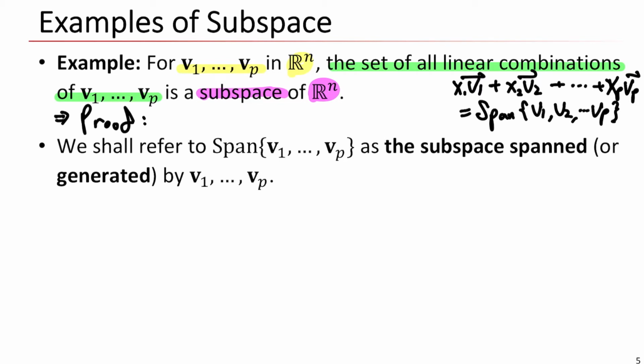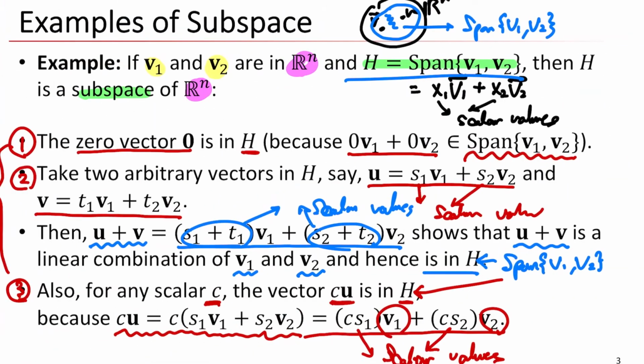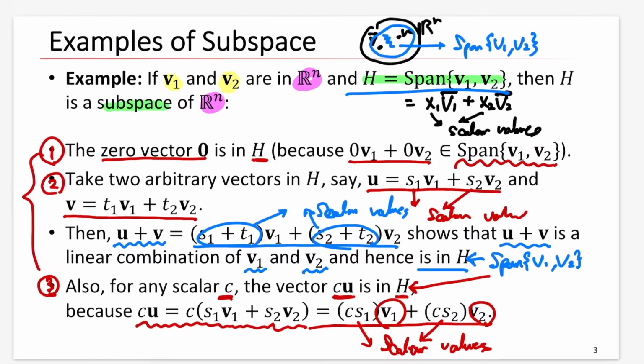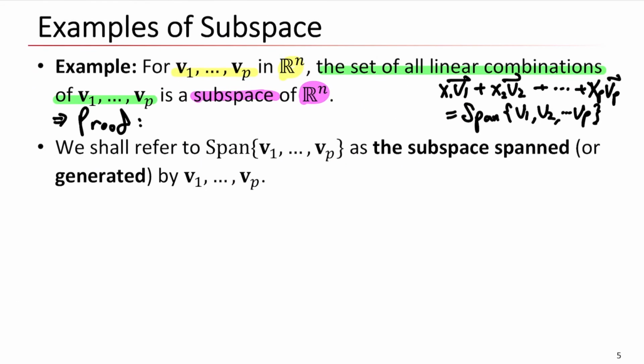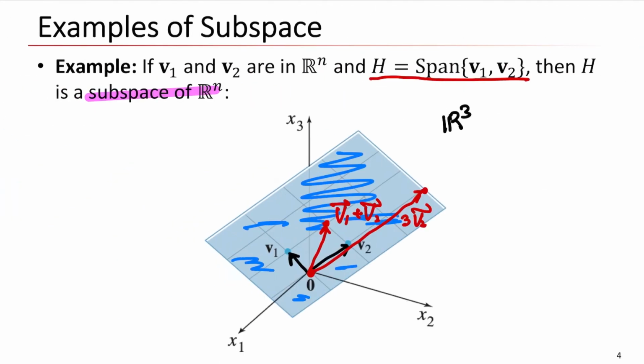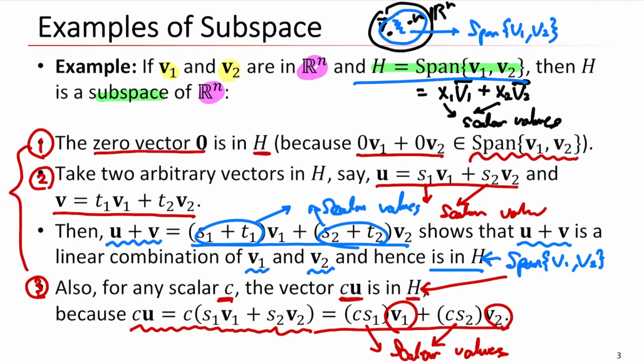You can prove this statement similarly to this one. The only difference is that in this case we only considered two vectors, but if we have an arbitrary number of vectors, we can do similar things on summation and multiplication.